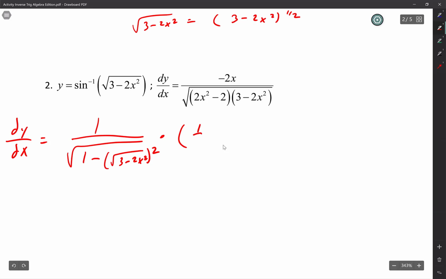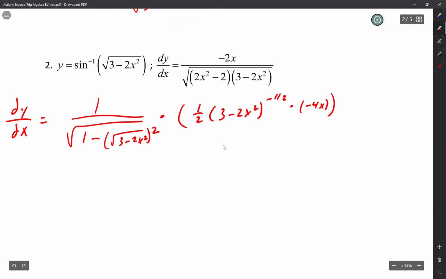So it's going to be 1/2 times 3 minus 2x squared to the negative 1/2 times negative 4x. It's chain rule. So hopefully no one got confused there.